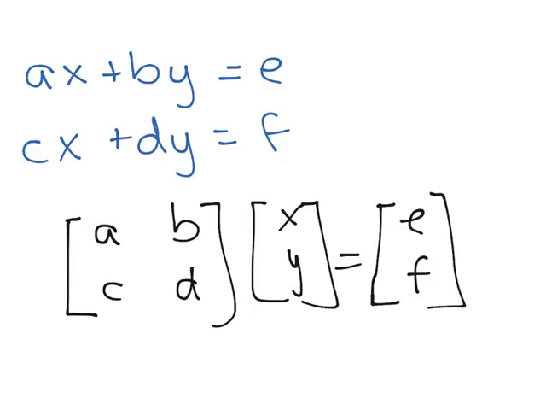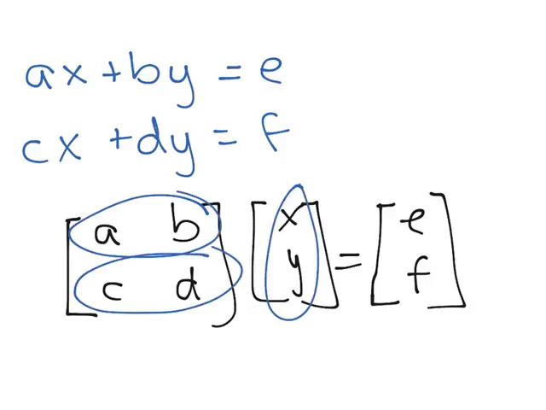If you already know how to multiply matrices, which you should know based on the previous videos, you should also know what this means. If you were to multiply these matrices just like we did before, doing the first row times the column, and then our second row times the column, you will find out that you actually get the system of equations above.